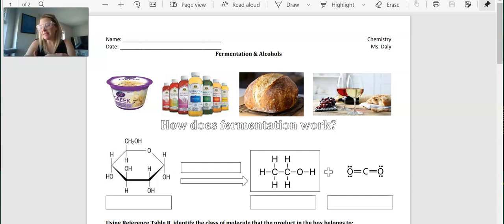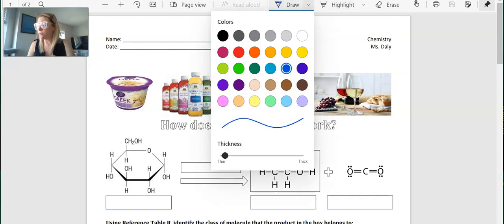So let's go ahead and take a look. Now, taking a look at the reaction, I've actually provided us with an example of a fermentation reaction. And the reactant that's there, that cyclic looking organic molecule, might be familiar looking to you, because this molecule is glucose. You probably talked a lot about glucose in your living environment classes.